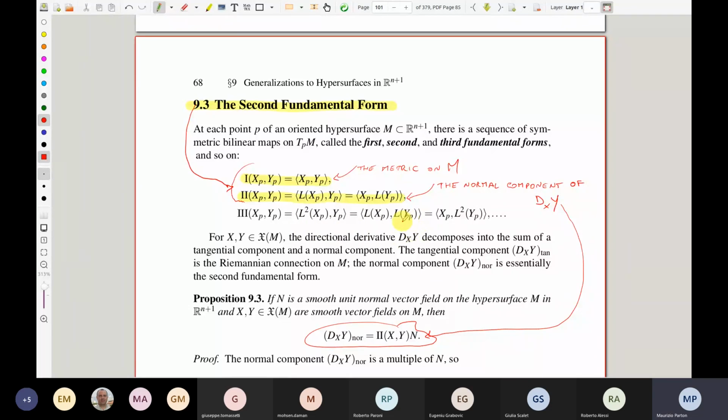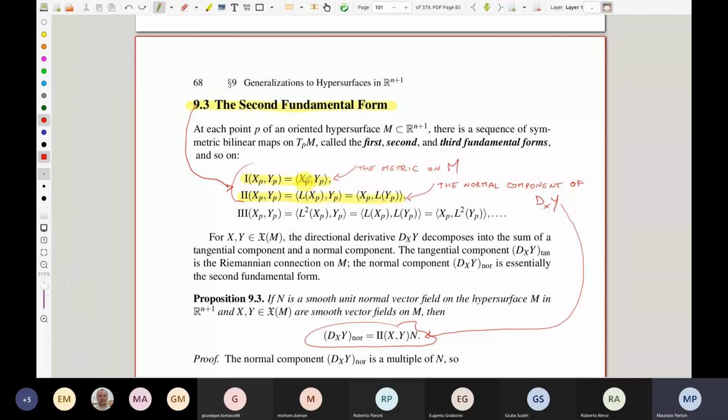If I use the self-adjoint property once again, I obtain this. And this defines the third fundamental form of the hypersurface. You can do the same with L to the power of 3, and you obtain the fourth fundamental form, and so on. Every time you are just taking a new derivative.